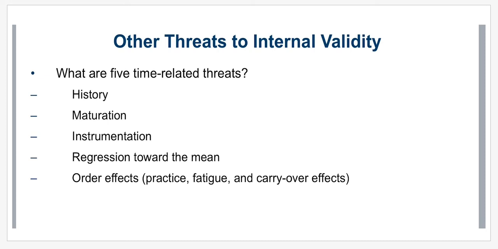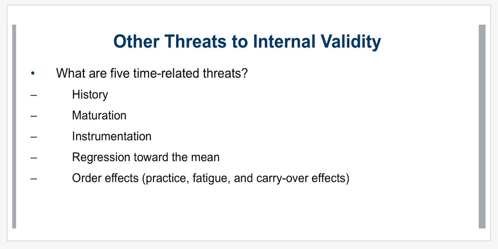It's some kind of event that is happening in their lives between the conditions, so that they are in a different state of mind, or their scores are different in some way in that second condition, not because of the manipulation of your independent variable, but because of some kind of environmental event, right?